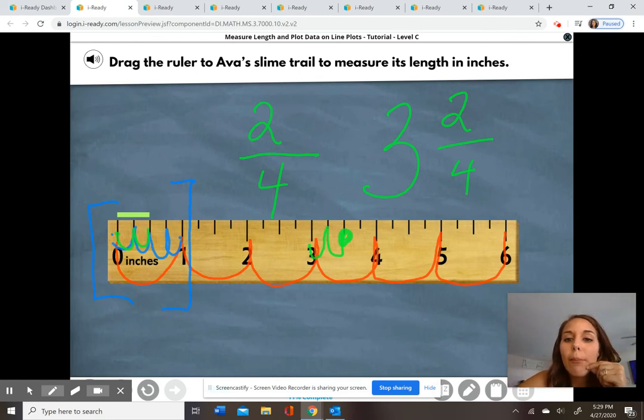So it's like how many dollars and change. I think of it like the change, like the coins. The whole number, in this case the 3, that's like your dollar bill. That's how many wholes you have. In this case, this dot has 3 wholes because I've traveled 1 whole, 2 wholes, 3 wholes. And I still have 2 out of 4 that I traveled. So it's 3 wholes and then 2 out of 4.